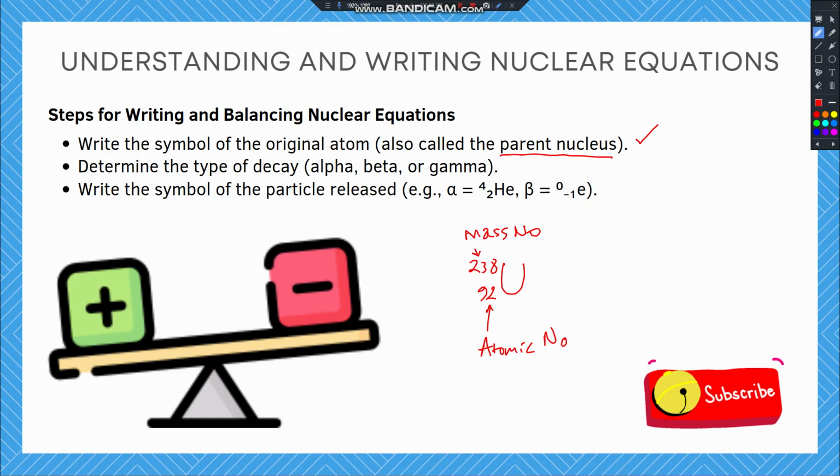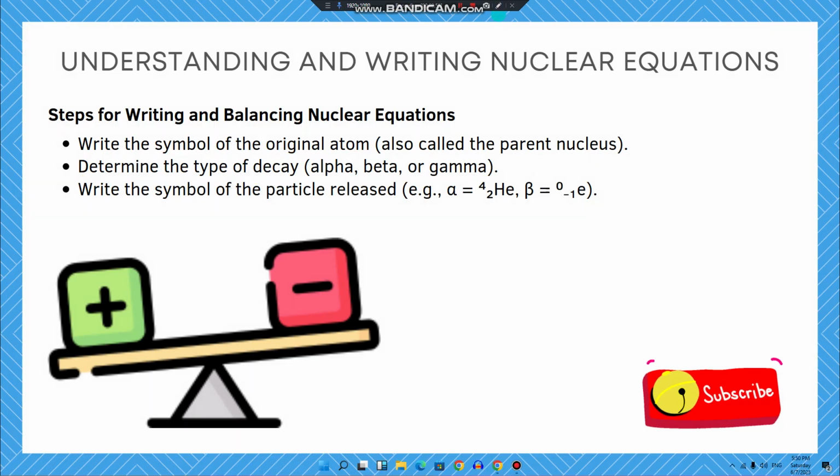So you are to signify both of them. Now we have written the symbol of the original atom. Then the next thing to do is to determine the type of decay, whether it is an alpha decay, a beta decay, or a gamma decay, and then write the symbol of the particle that is released.